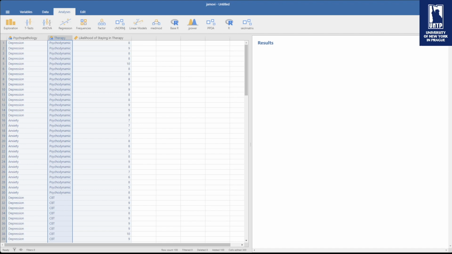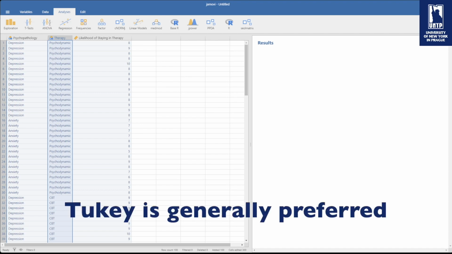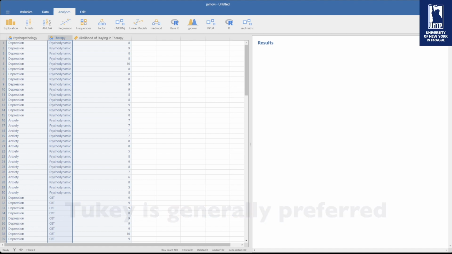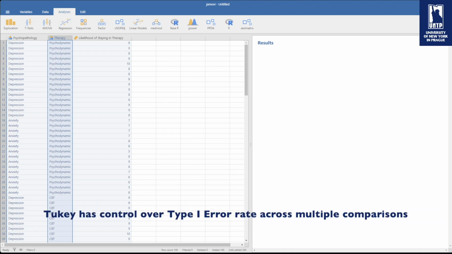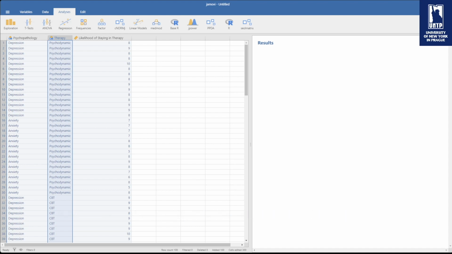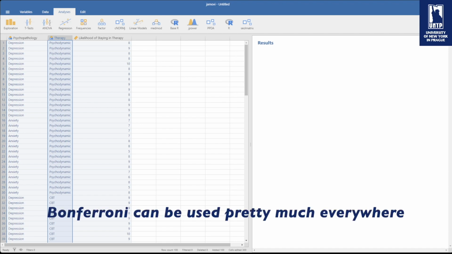So, after that, we have post-hoc. We also have post-hoc in two-way ANOVA. The tables are even way bigger than in one-way. Tukey is generally preferred because it has control over type 1 error rate across multiple comparisons, but as I mentioned in the video on one-way within-subjects ANOVA, Bonferroni is kind of a panacea when it comes to post-hoc tests, in as much as it can be used pretty much everywhere.